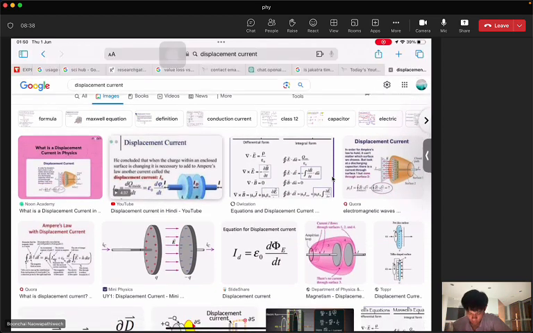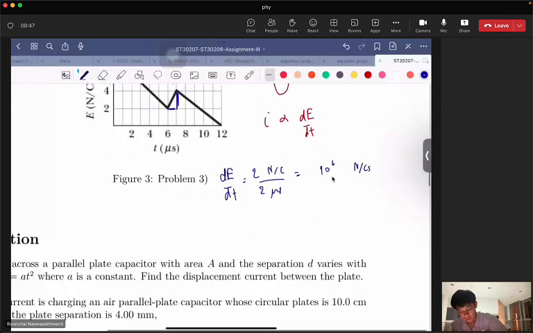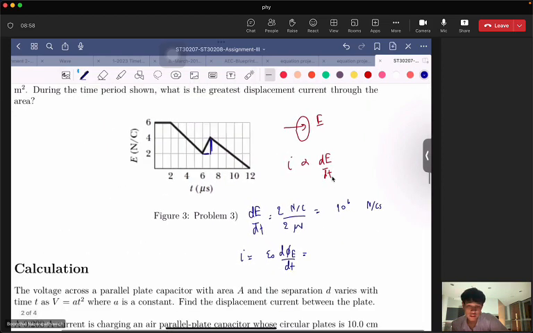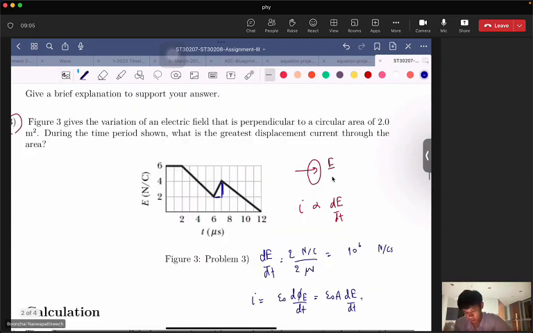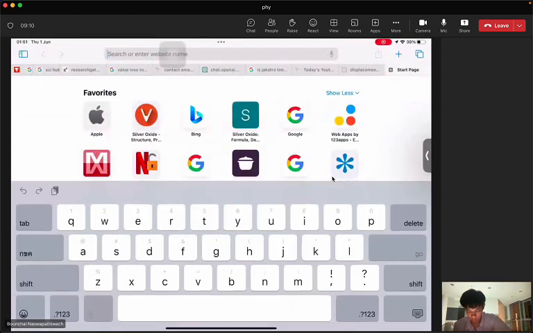Displacement current is epsilon naught times d phi E by dt. And since the area is constant, I have to find what epsilon naught is equal to.